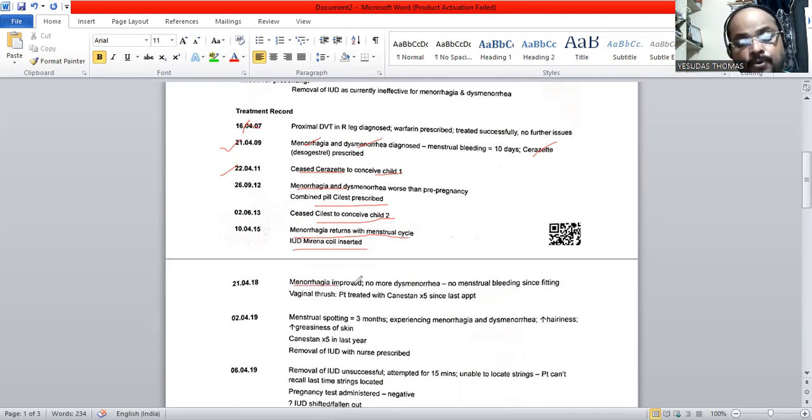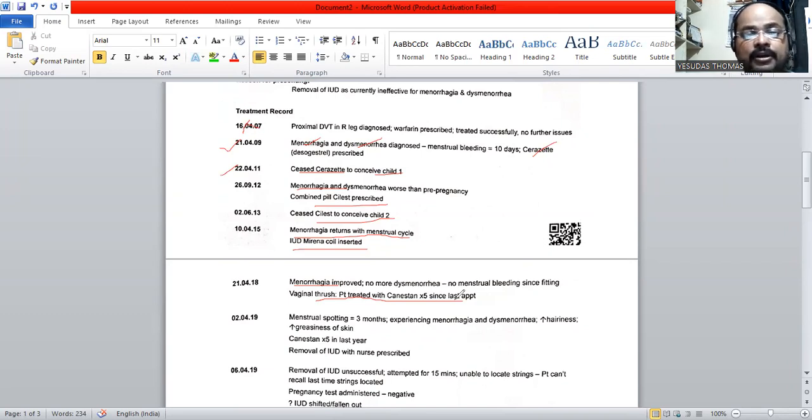The condition improved, but since the insertion of the intrauterine device, she had experienced frequent vaginal thrush, about 5 times, and she was treated with Canesten.